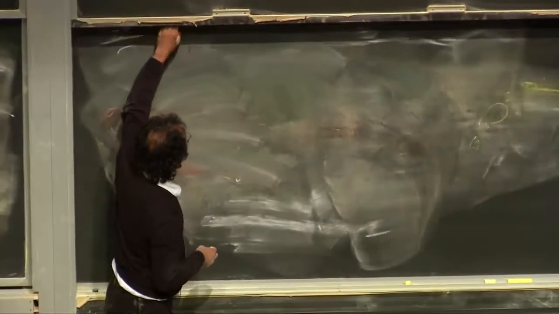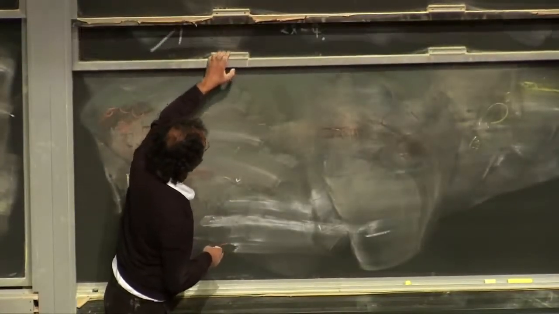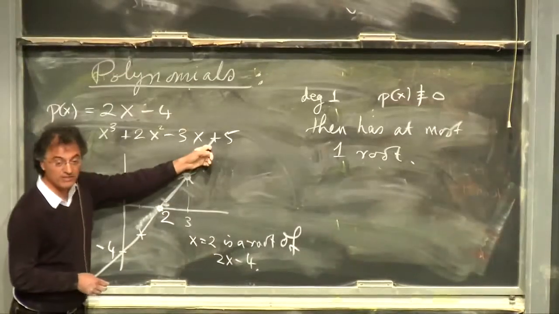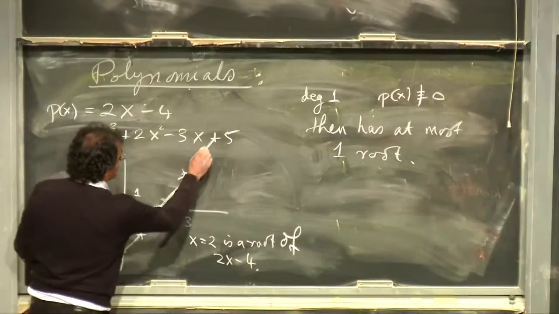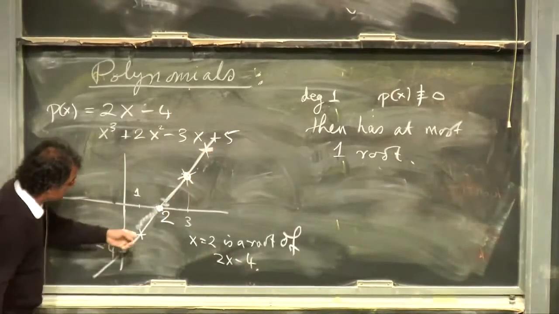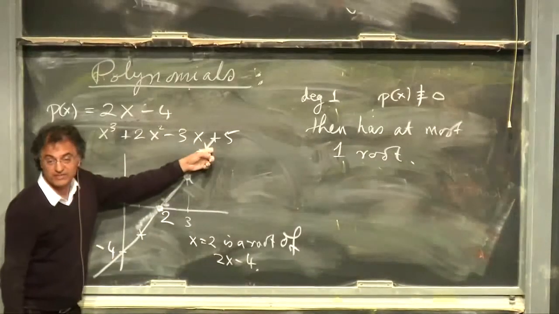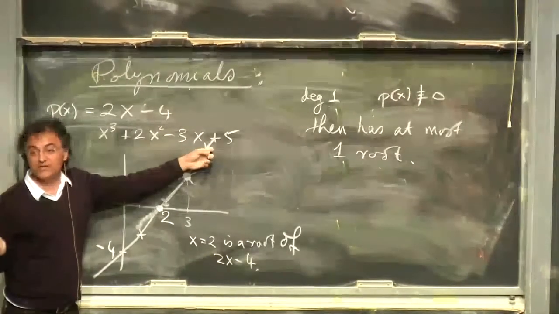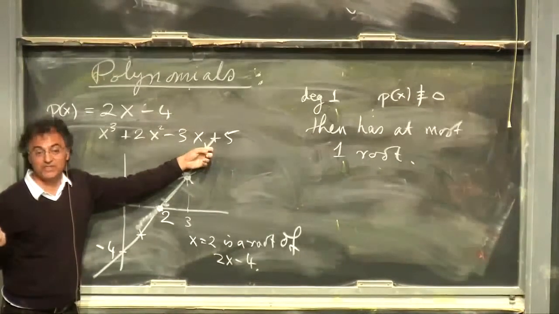So what if I were to take not 2 but 3 points on this line, and I were to say, find me a polynomial of degree at most 2 that goes through these 3 points. Okay, there's a unique one. If there's a unique one of degree at most 2, which one would it be?